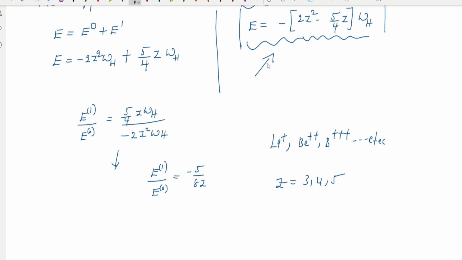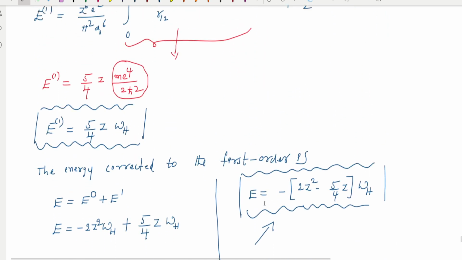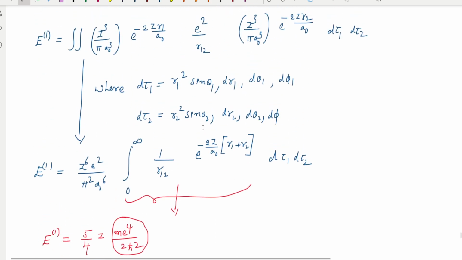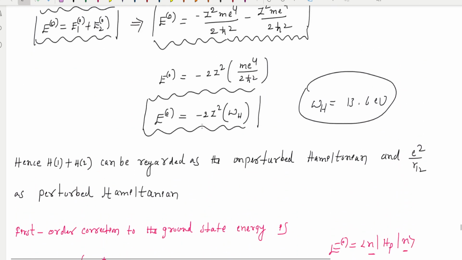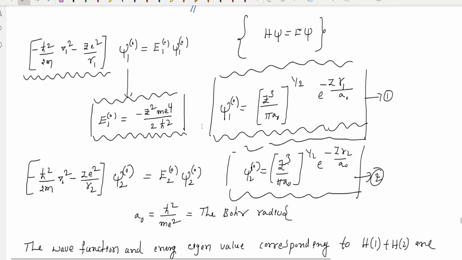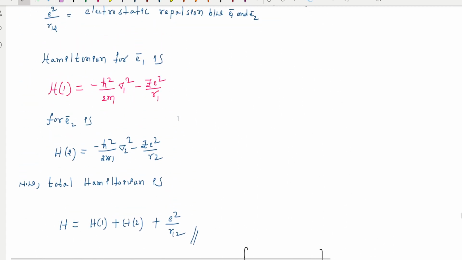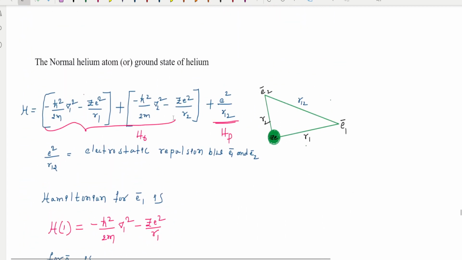Okay, this is how you can calculate the first order correction energy terms. Here is a quick revision of the ground state of the helium atom. We did only the first order correction energy term. First we arranged the Hamiltonian of the given system.